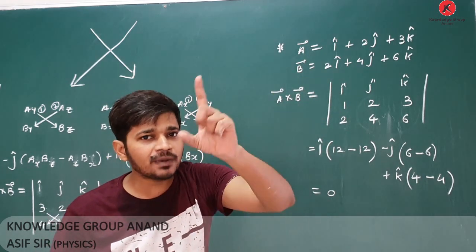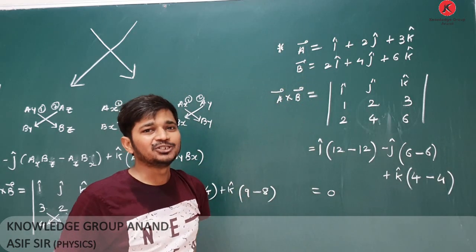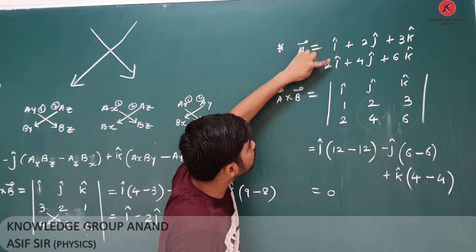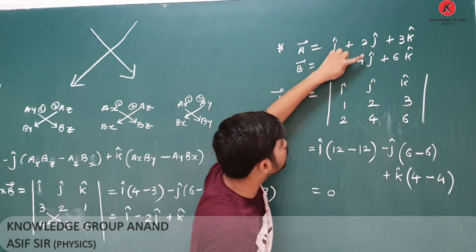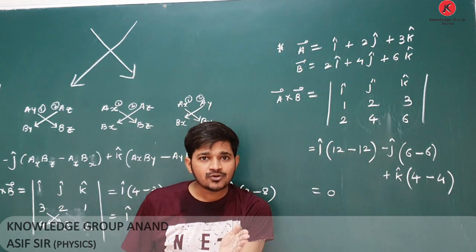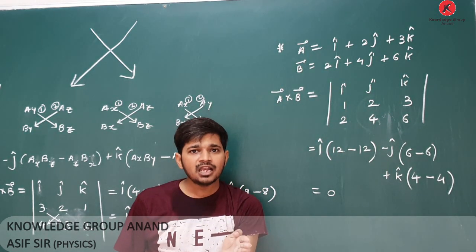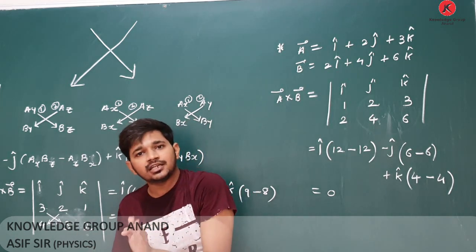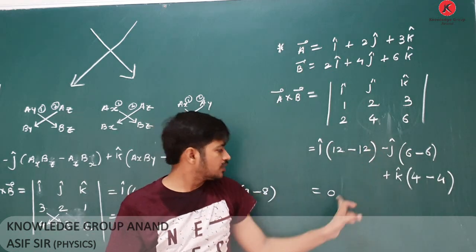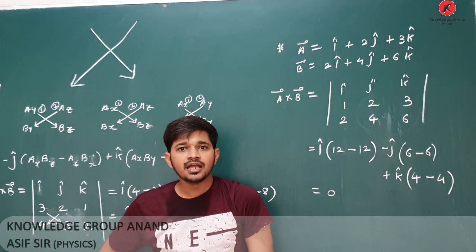If you multiply vector A with 2, you will get vector B. What is the relation? i to 2i, j to 2j, 3k to 6k. It means if one vector is multiplied with a real number and we get another vector, then these two vectors are parallel vectors, and the cross product will be 0. Their cross product will be 0.